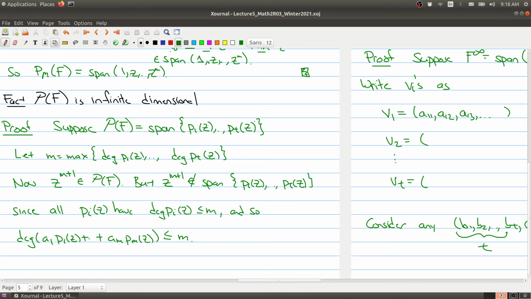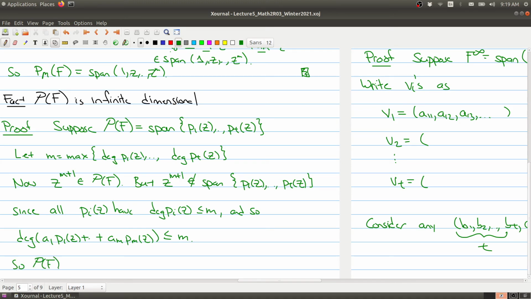So in the span on the right-hand side, the largest degree of a polynomial that appears is m. No matter how you take a linear combination, you can't bump the degree up. On the other hand, on the left-hand side, this set here, there are polynomials of any degree, right? So the two sets can't be equal, okay?